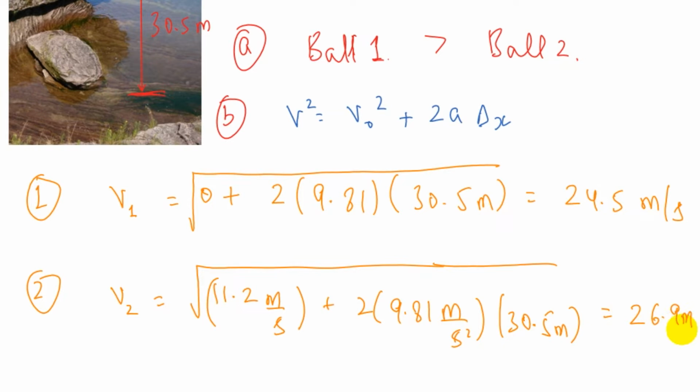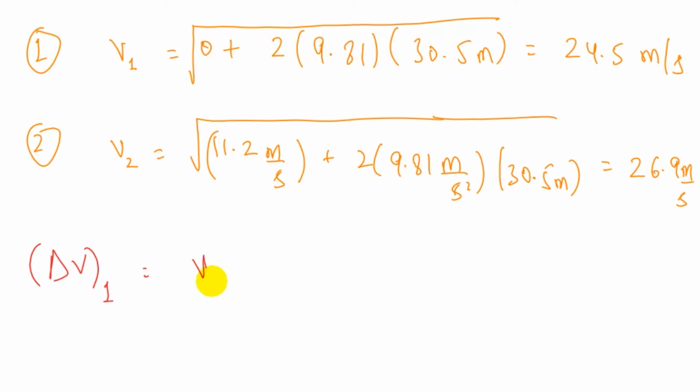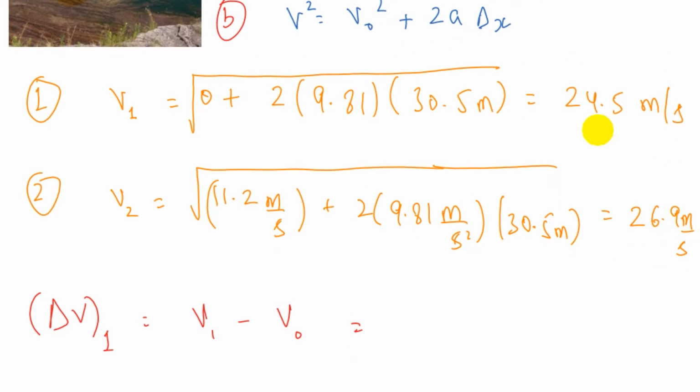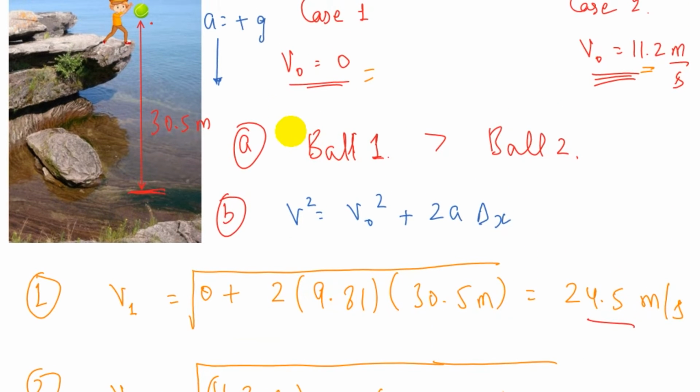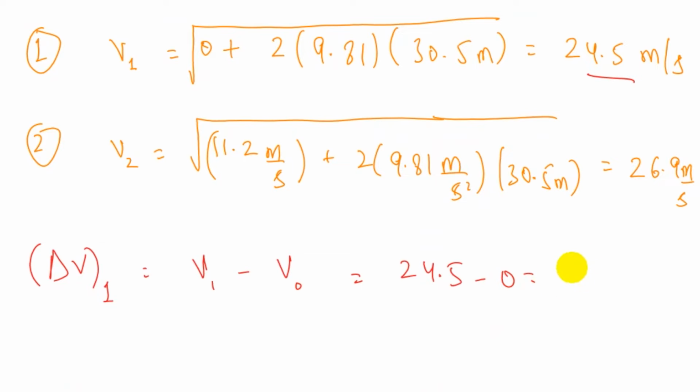26.9 meter per second. Now if you calculate the change in speed delta v for ball 1, this would be equals to v1 minus v0 for ball 1. So v1 we have calculated to be 24.5 minus initial velocity for ball 1 is 0, so this is 24.5 meter per second.